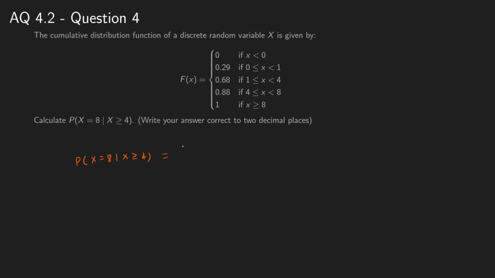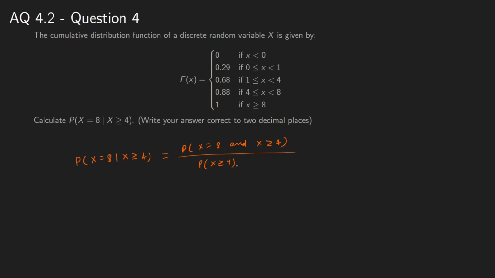So the probability that x will take value 8 and x takes value greater than or equal to 4, this is the joint probability, divided by the marginal probability of the event on which it is conditioned, so it is x greater than or equal to 4.